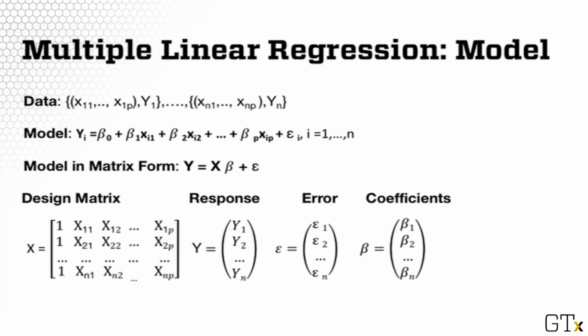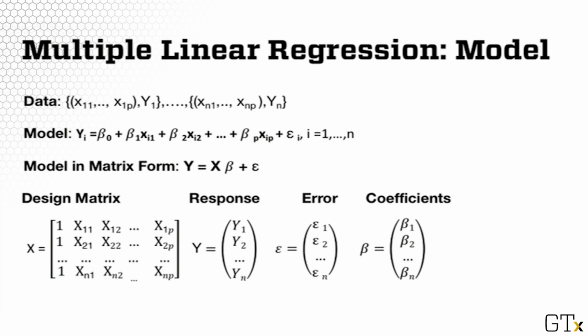In multiple linear regression, the model can be written in matrix form. We define the design matrix as a matrix consisting of columns of predicting variables, including the column of ones corresponding to the intercept. The number of columns of X, or the design matrix, corresponds to the number of predicting variables plus one, corresponding to the intercept.